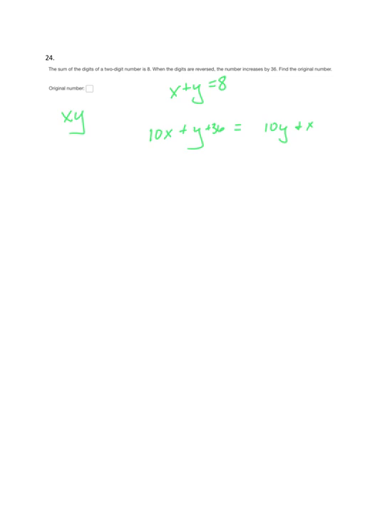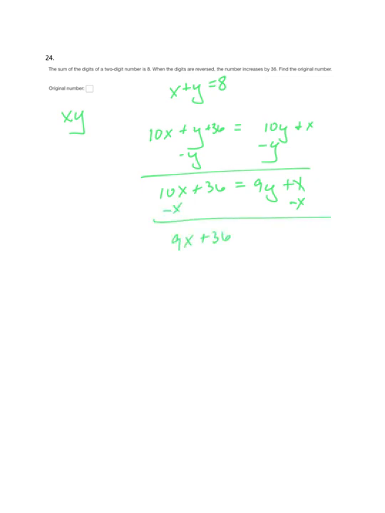It's written in kind of rough form here, but we could subtract y from both sides and get 10x plus 36 equals 9y plus x. And then we could subtract x from both sides, and we get 9x plus 36 equals 9y. So that's a little bit nicer to work with.